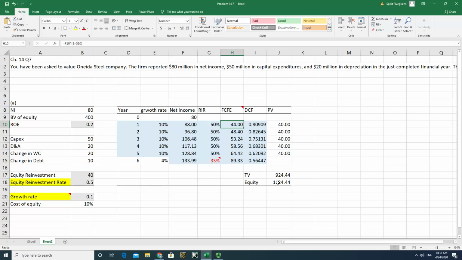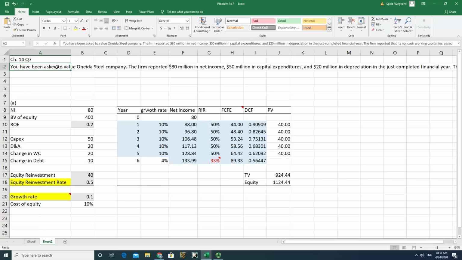But the unique aspect of this problem is to estimate this reinvestment rate. Reinvestment rate equals equity reinvestment divided by net income. And what is equity reinvestment? In this case, capital expenditure $50 million in the current year, depreciation, amortization $20 million, change in working capital $20 million, and the change in debt is $10 million.